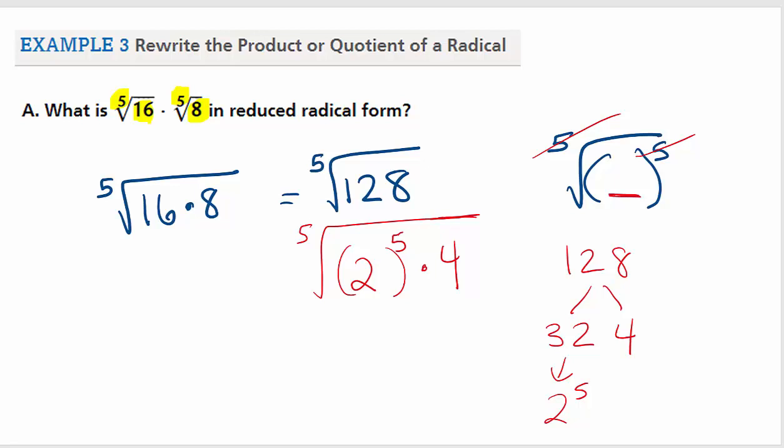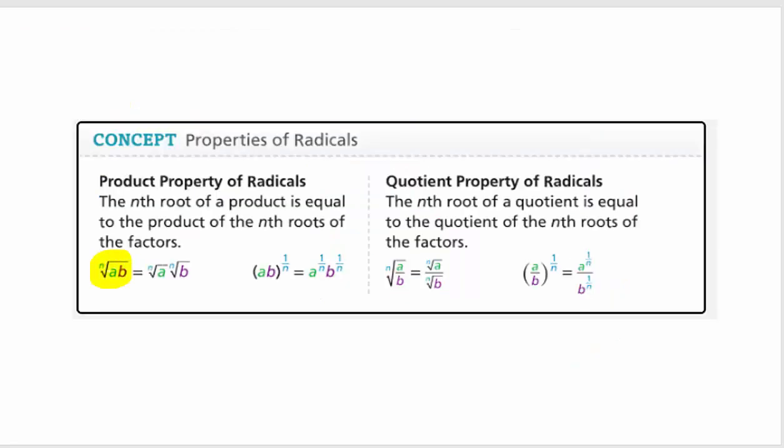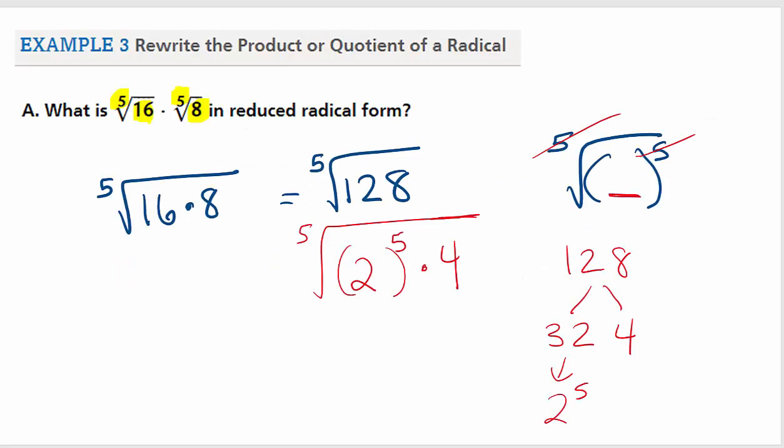Now I'm going to separate these radicals again. So if I go back to my rules, I'm here and I'm going to separate them. So we have the 5th root of 2 to the 5th, and then we have the 5th root of 4.